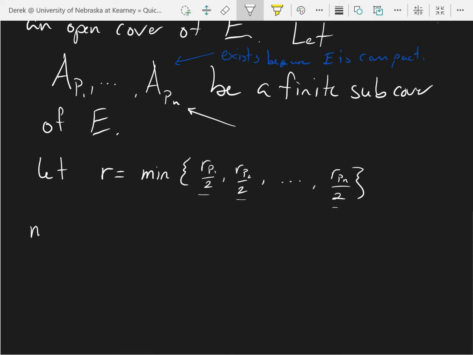Now, if P and Q in distance is less than R, we can do the following.